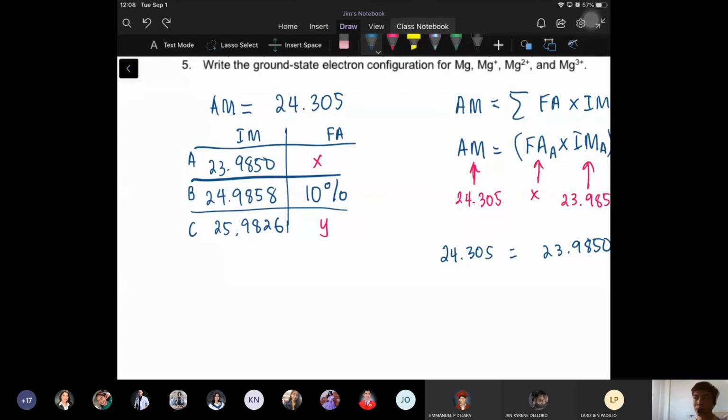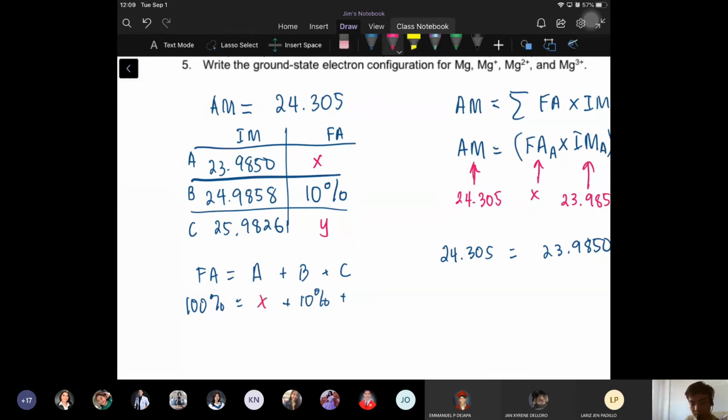If you have 8 slices and you add them all, it makes one whole. If 8 slices of pizza equal 1 pizza, then adding these should correspond to 100%. So the fractional abundances of A, B, and C should equal 100%. A is X, B is 10%, and C is Y.